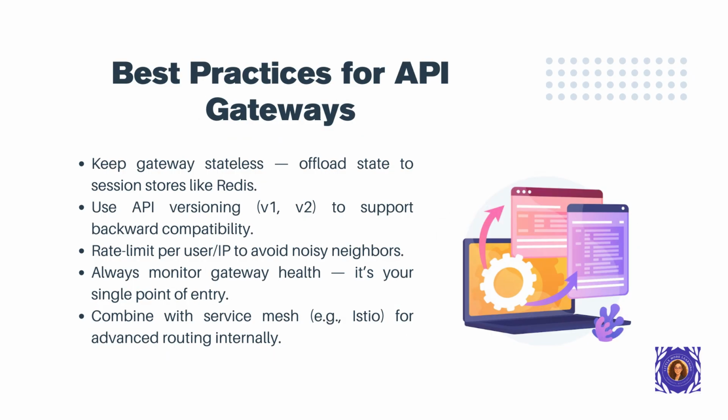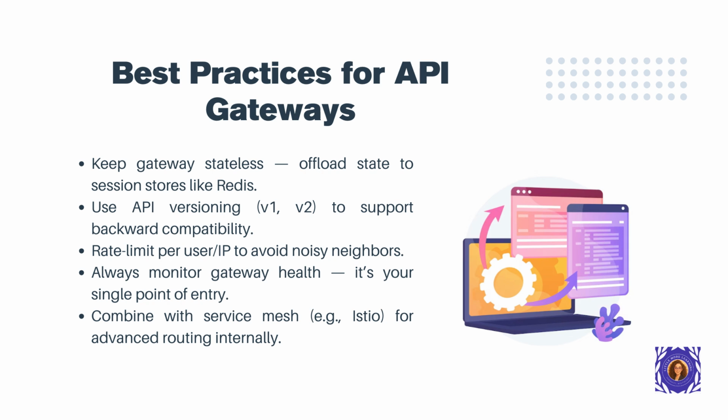Let's talk about best practices that will help you succeed with API gateways. First, keep your gateway stateless. Offload any state management to dedicated stores like Redis to maintain scalability. Use API versioning to support backward compatibility as your services evolve. Implement rate limiting on a per-user or per-IP basis to prevent any single client from impacting others.